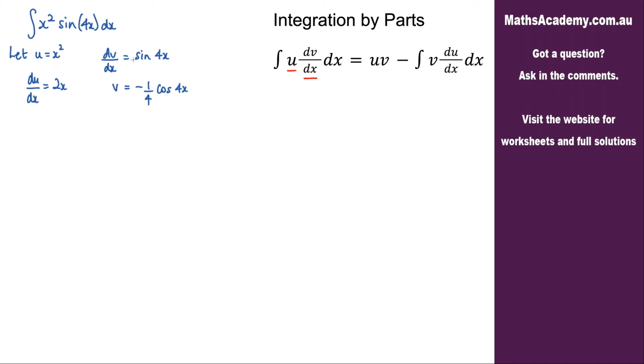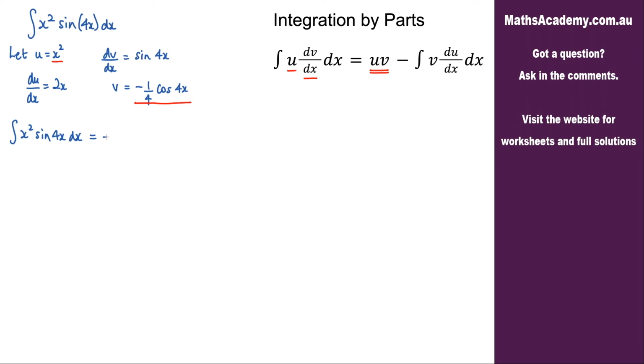Now that I have everything I need, I can go ahead and use integration by parts. So we've got the integral of x squared sine 4x with respect to x is going to be equal to the following. It's u multiplied by v, and u is x squared and v is negative a quarter cosine of 4x.